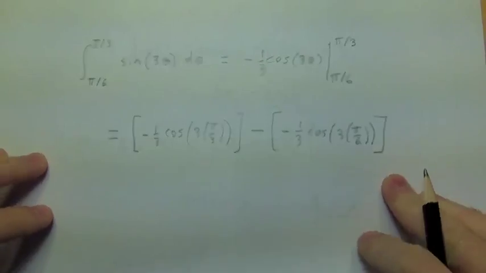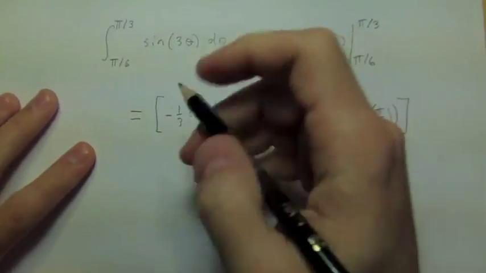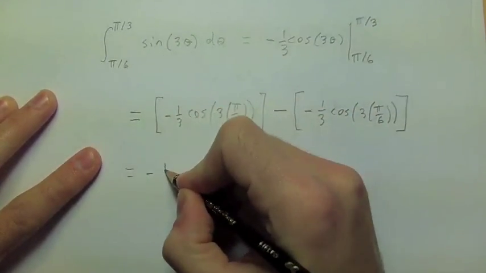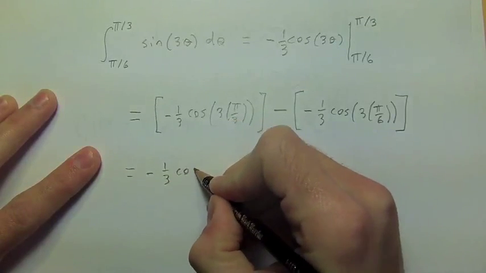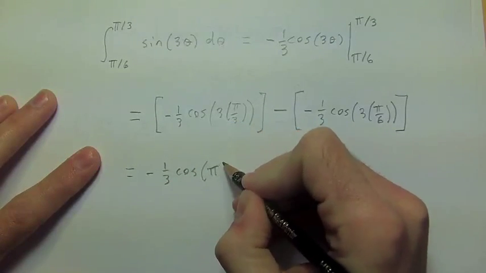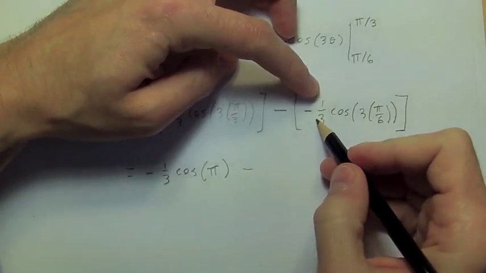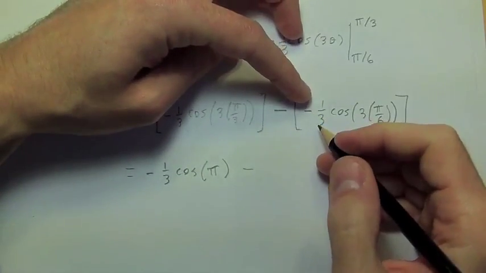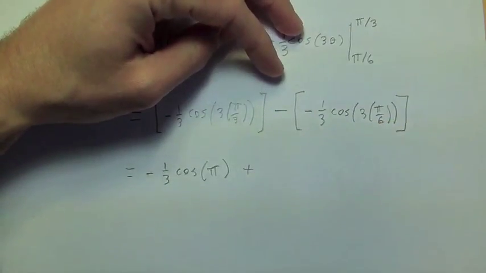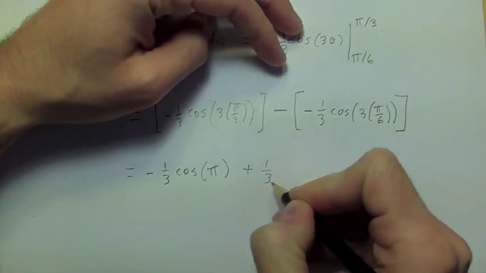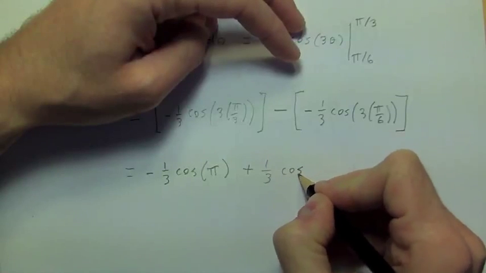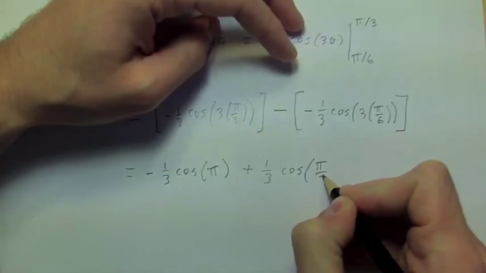So this is going to be negative 1/3 cosine of pi, minus a negative 1/3, so that will become a plus 1/3 cosine of pi over 2.